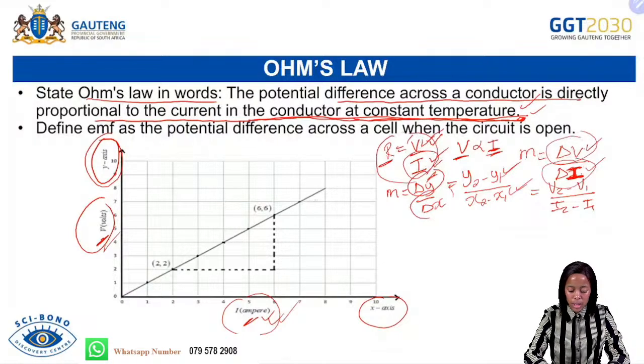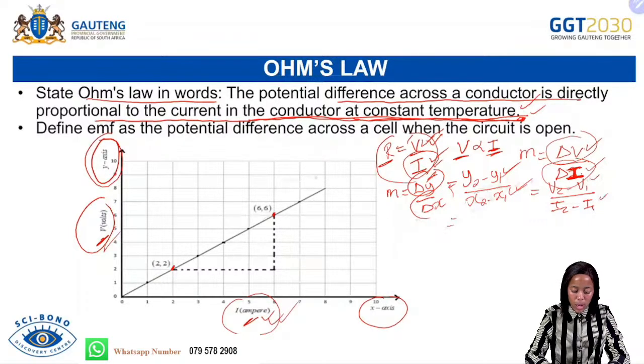This is what you would then do. You would choose any 2 points on the graph, and then say y2 minus y1 divided by x2 minus x1, or V2 minus V1 divided by I2 minus I1.